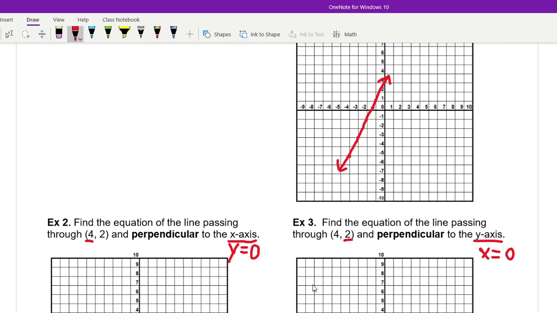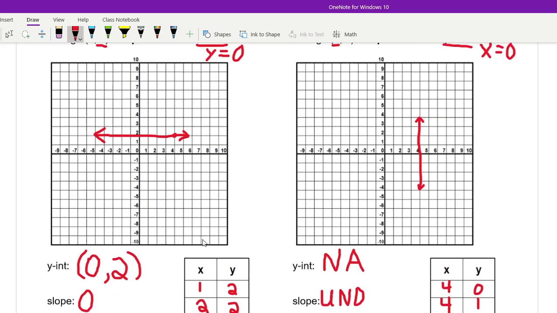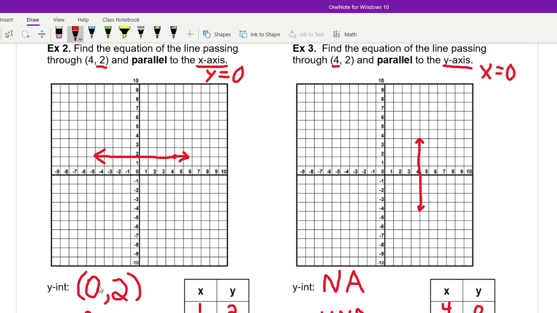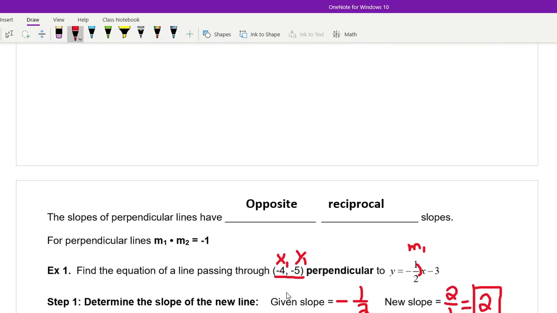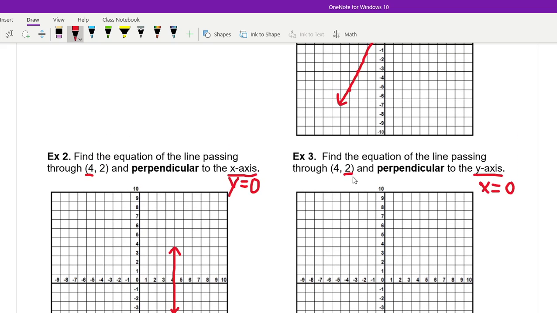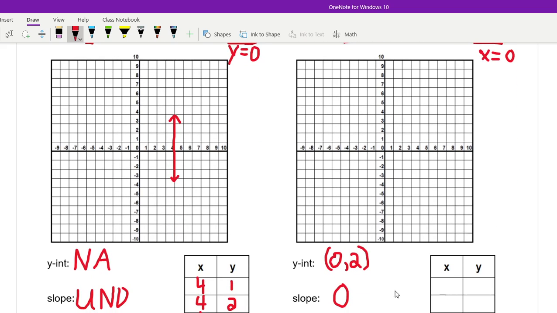The perpendicular situation of the same point is the reverse of the parallel of the same situation. 0, 2 is a location, 0 is a slope, and we have y equals 2 with the x-axis. And we have that same setup, 0, 2, 0 for a slope, y equals 2, for the y-axis. To fill out the rest, 0, 1, 2, 3.